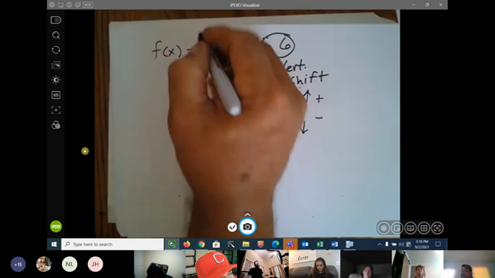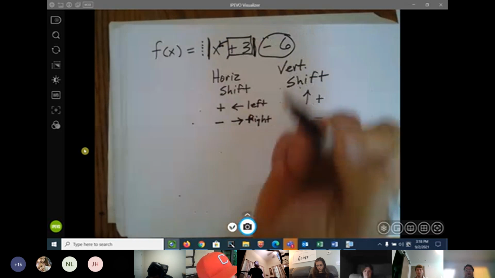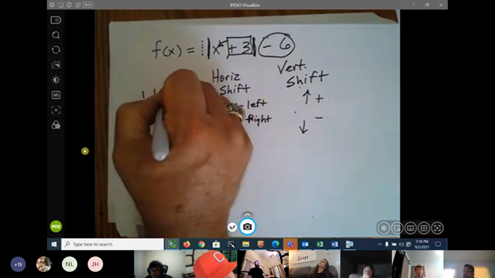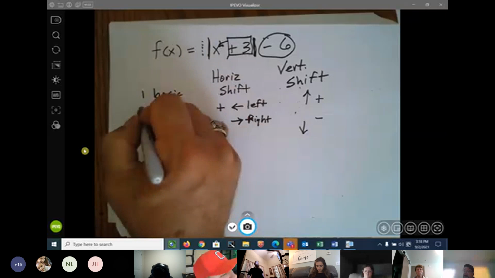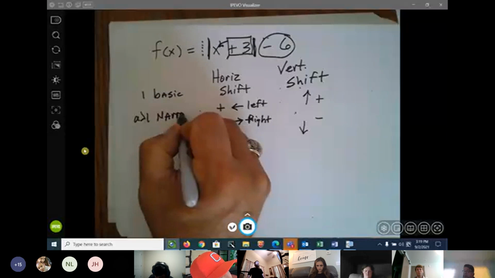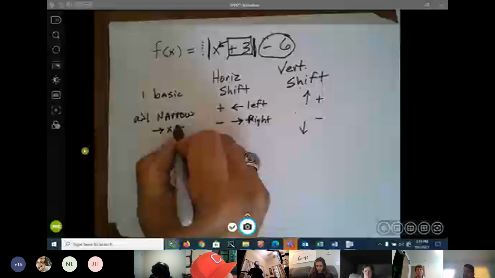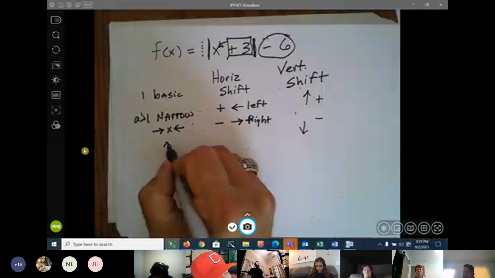What if I have a number out here? This is 1. 1 is your basic model. Anything above 1, if A is above 1, then you have narrow, meaning that it's compressed along the x-axis and it's stretched along the what?